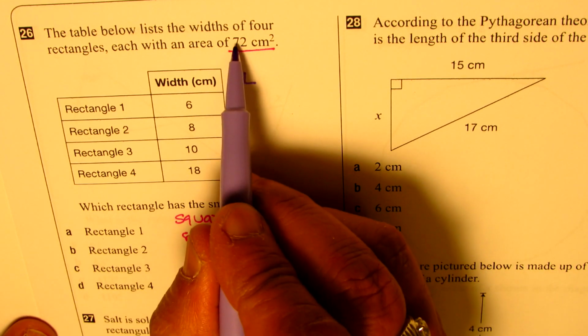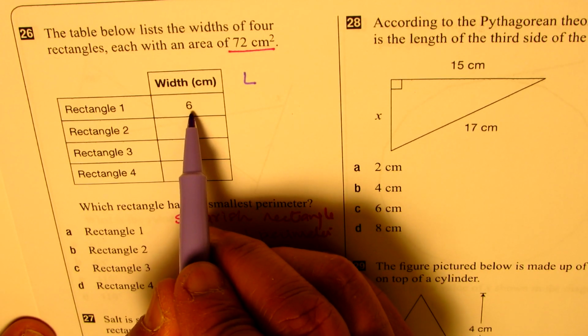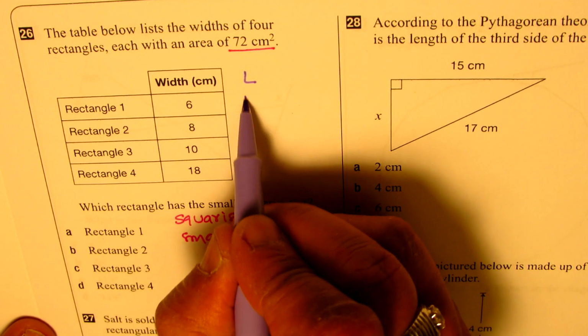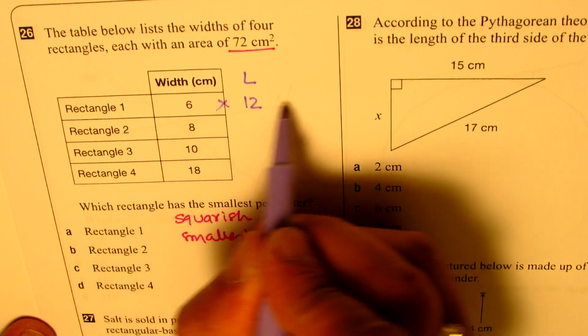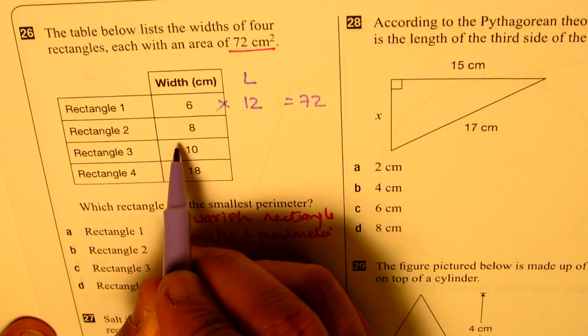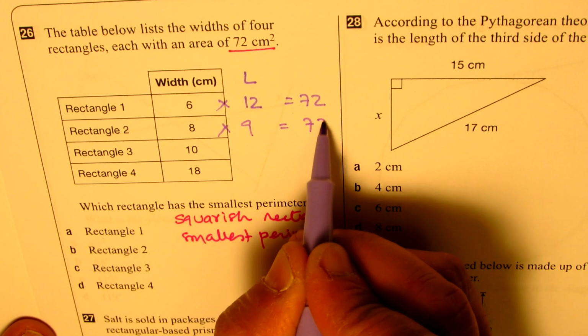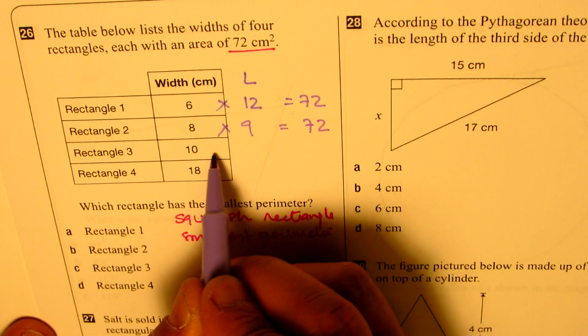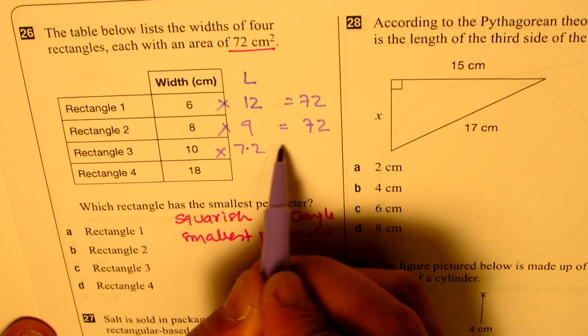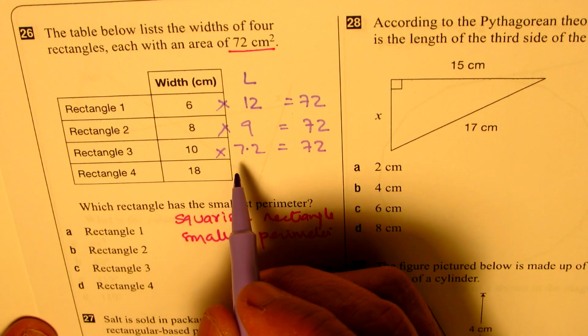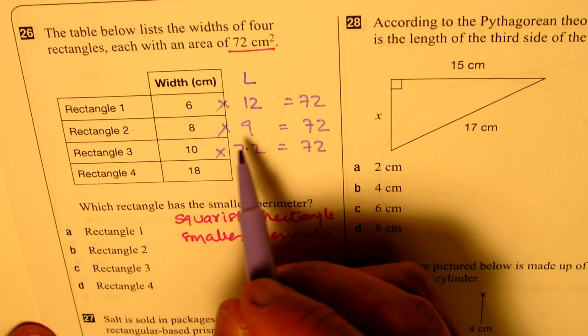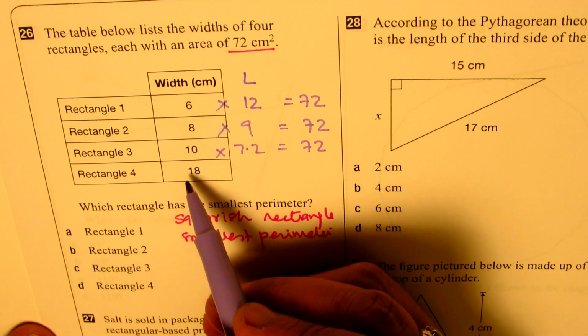So if you see, area is 72. So for the first rectangle, it will be 6 times 12, right? 6 times 12 will give us 72, correct? In the second case, 8 times 9 is going to give us 72. In the third case, 7.2 times 10 will give us 72. And 18 is like 4 times 18, right?